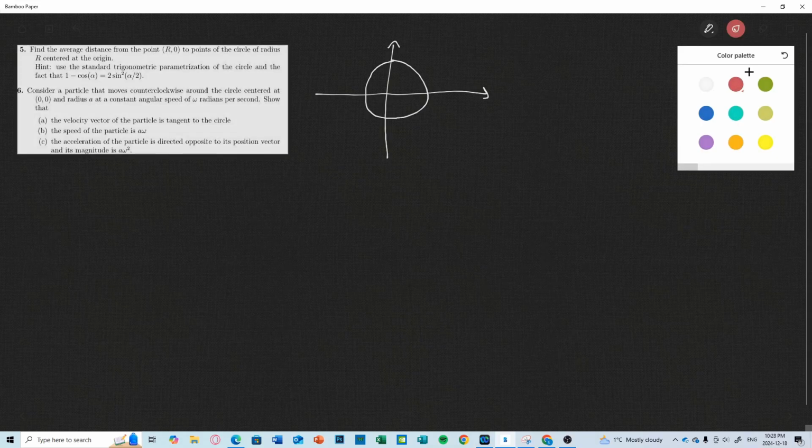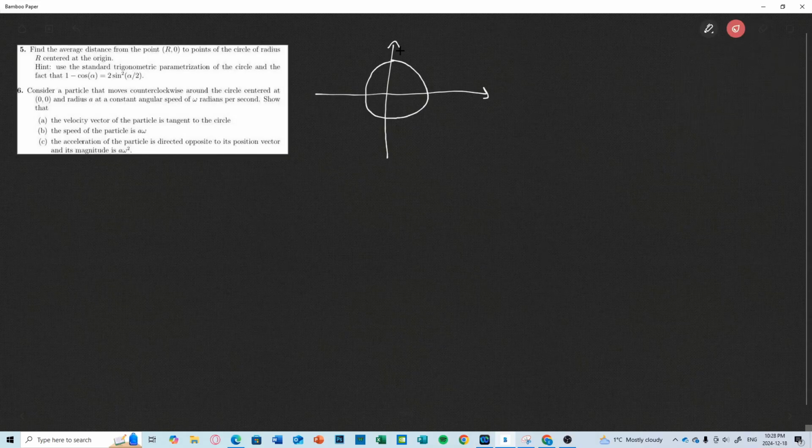So if we were to draw this, we'll have our x and y axis because it's only in 2 dimensions, and we're going to have the circle of radius r, and then we're going to have our point of r and 0. And we're trying to find the average distance. So if this is our x, we're trying to find the distance between these 2 points.